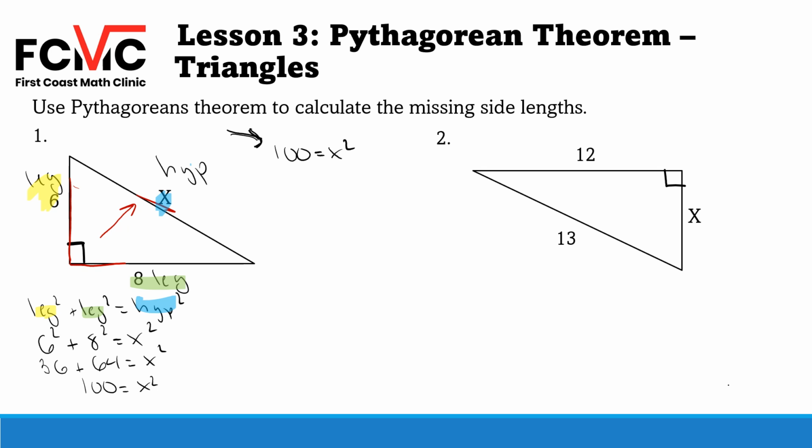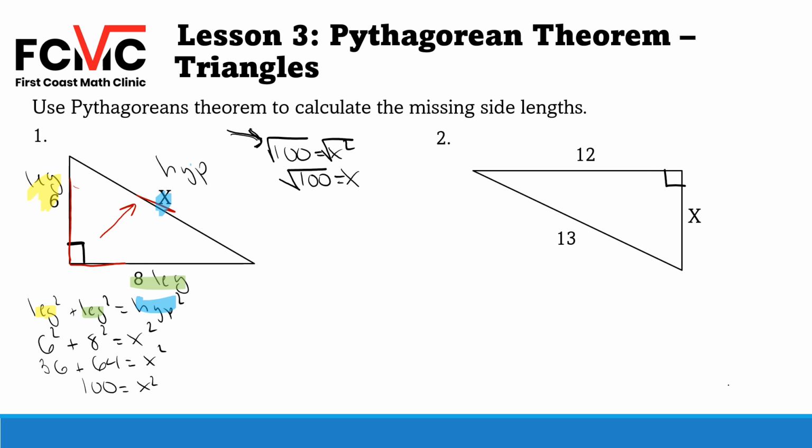But basically, we want to know what x is, not x squared. So we need to undo this operation of squaring. Well, what operation undoes squaring? That operation is taking the square root. So I'm going to take the square root of the left and the right side. Squaring and square root undo each other, so we get x equals the square root of 100.